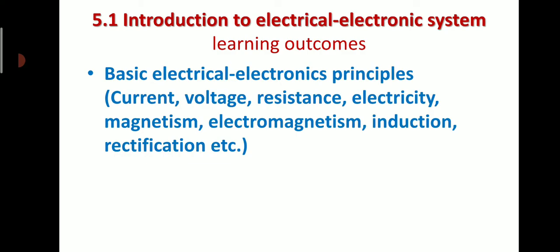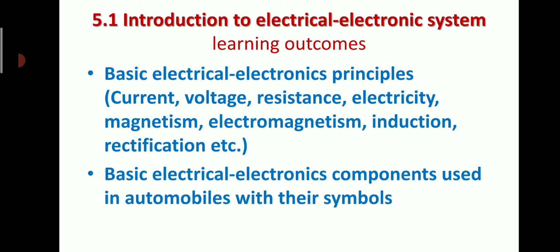What is meant by current, voltage, resistance, electricity, etc. So this is the first learning outcome of this lecture, basic electrical electronic principles. After that we will learn basic electrical electronic components used in automobiles along with their symbols. These components are represented with symbols, and how these symbols look, we will learn in this presentation.